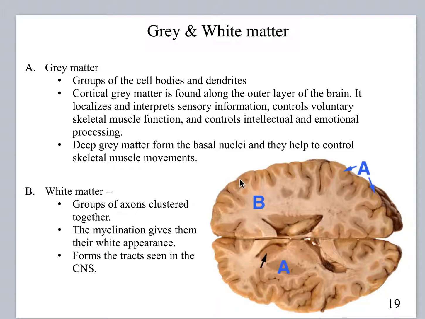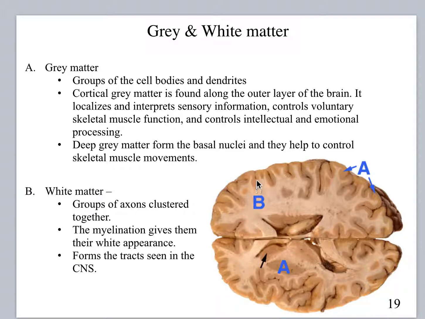You see the gray matter here is on the outer layer of the brain. And also there's some deep gray matter here. This forms the basal ganglia nucleus down in here. And in between that is white matter, which is the groups of axons clustered together. This white is because of the myelin, and this forms tracts throughout the central nervous system.